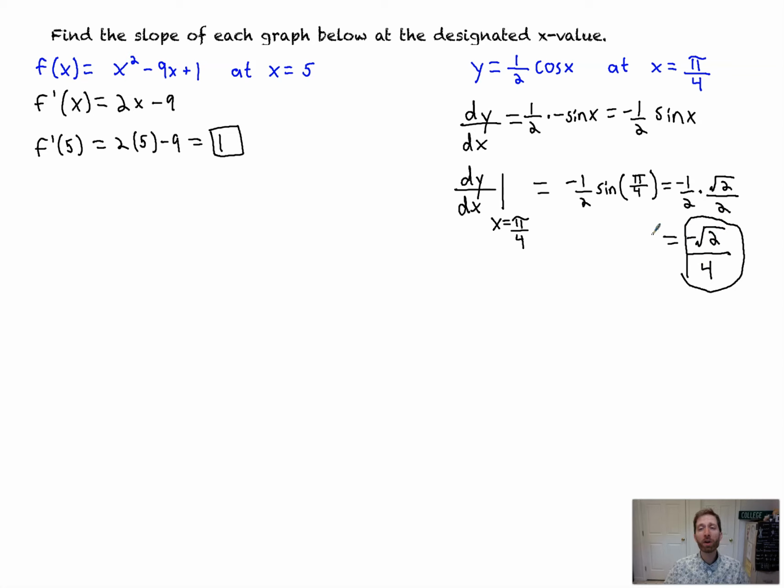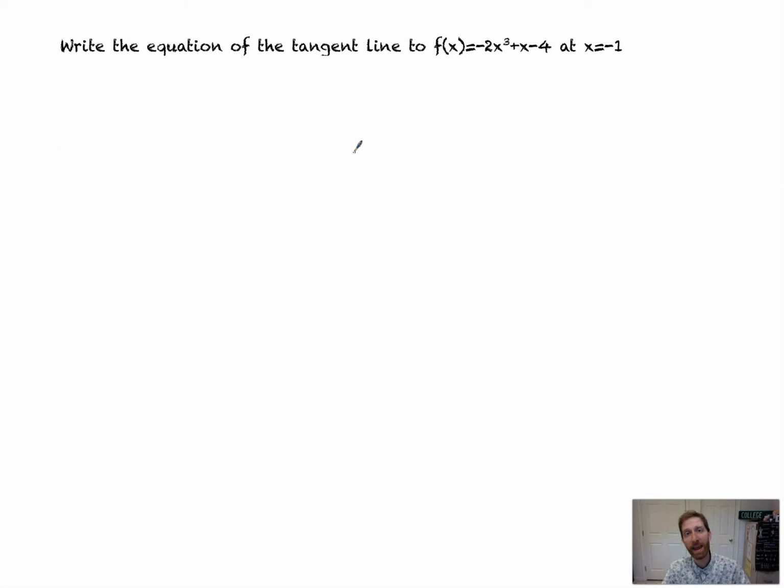Okay, so then what we're going to do is now find the equation of a tangent line at an x value. So these are all problems we've done before, but we did much lengthier kinds of problems, right? When we did it with the limit definition. No more. They're so quick. Write the equation of the tangent line to this curve at x equals negative 1. So what I like to write out first is my game plan, my template.